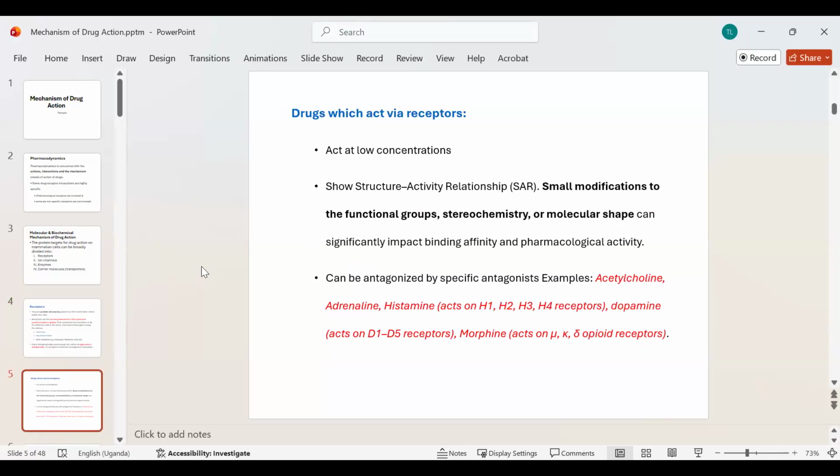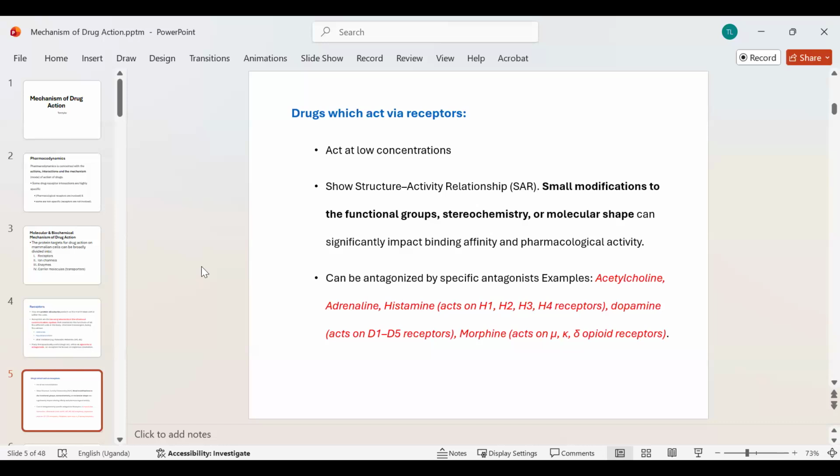Drugs which act via receptors usually act at low concentration. You don't need a lot of it to see the effect.